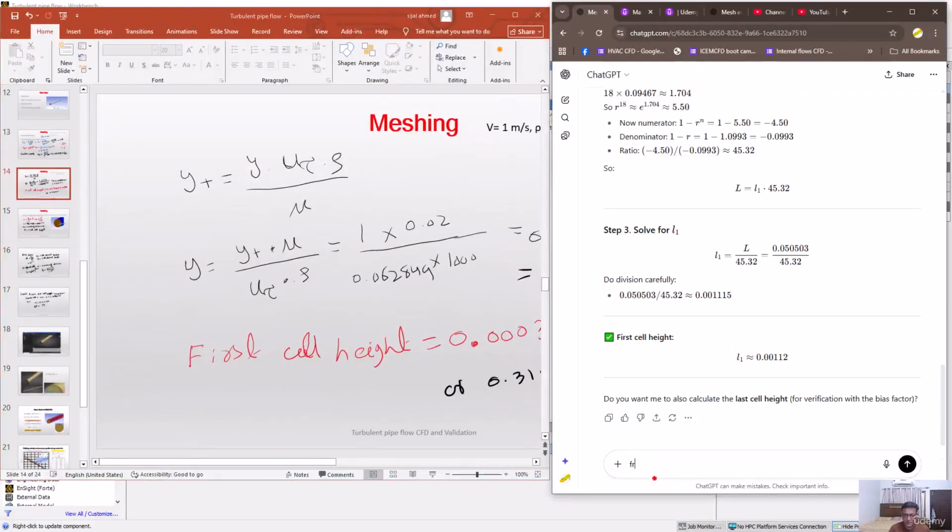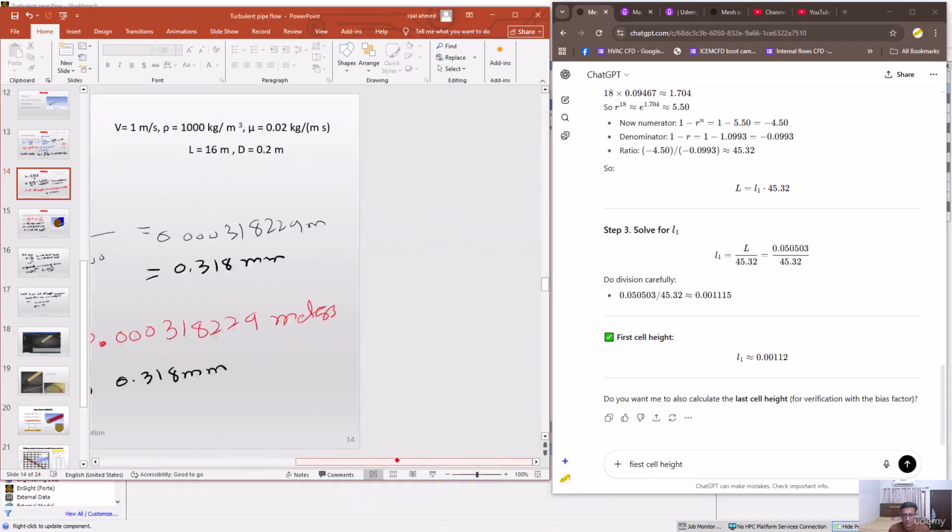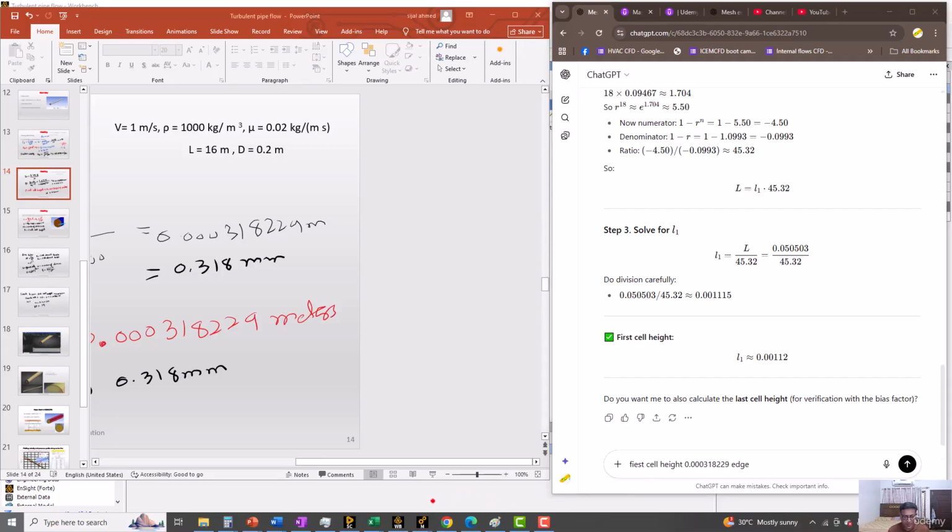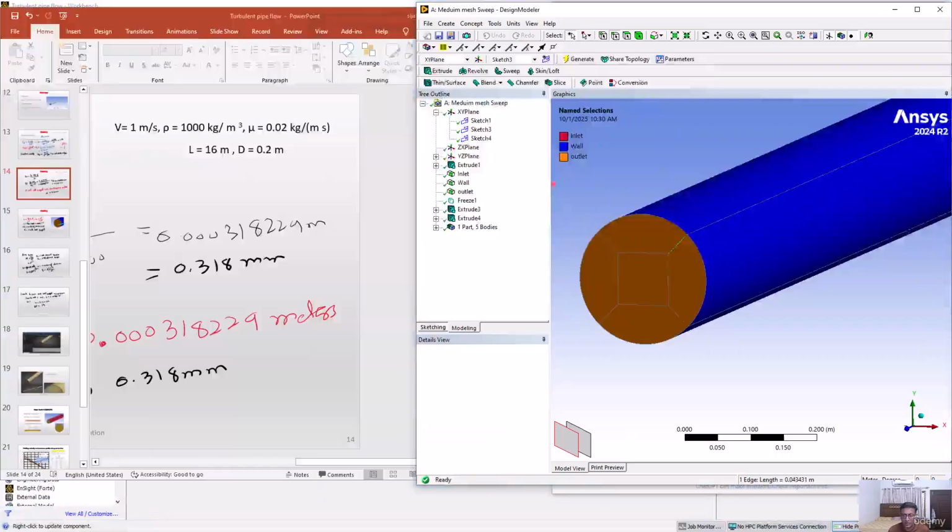The first cell height for the Y plus should be equal to 0.000331822 and 9. And the edge length, the length of my geometry dimension, you can find from here. If you click on the edge, you will see the length at the bottom, 0.043431.